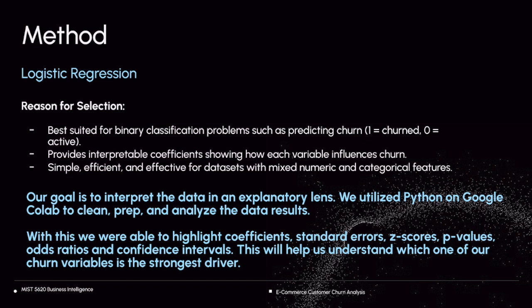It gave us a really wide range of metrics and a better analysis. With this, we were able to highlight coefficients, standard errors, z-scores, p-values, odds ratios, and confidence intervals. This helps us understand which of our churn variables is the strongest driver.